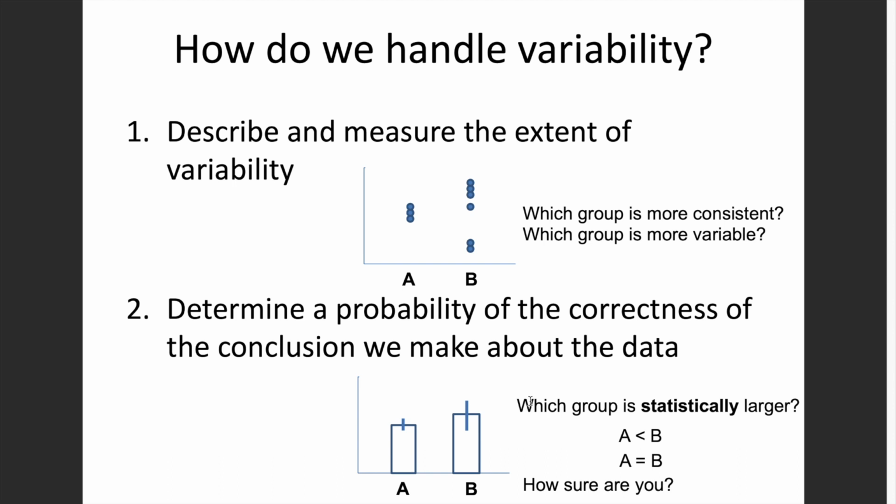Although the mean or the average for letter B is quite higher than A, when you look at the error bar, it's quite large. So the data here is not trusted, not reliable enough for us to make a conclusion. As compared to letter A, which has a very short error bar and a very small range compared to B. So that's what we do. We determine the probability of the correctness of the conclusions. That's why we do statistics, actually.